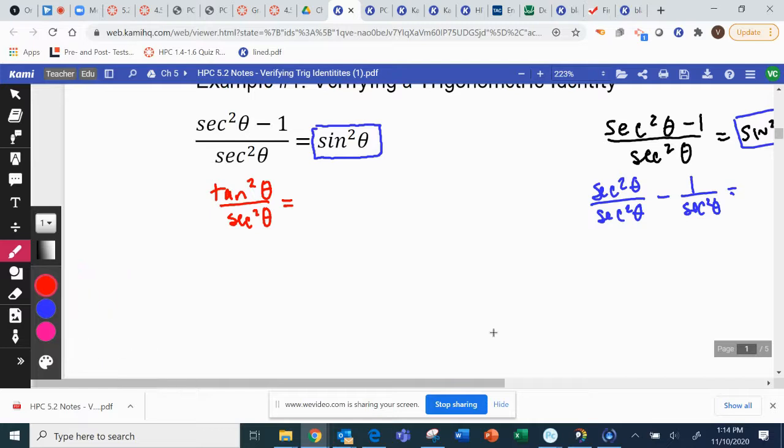Okay, so you're saying tangent squared theta is sine squared theta over cosine squared theta divided by 1 over cosine squared theta. From our notes previously, we already used tangent as sine over cosine, and we've already used secant as 1 over cosine. Those showed up in our notes a couple times so far, so that's totally fine.